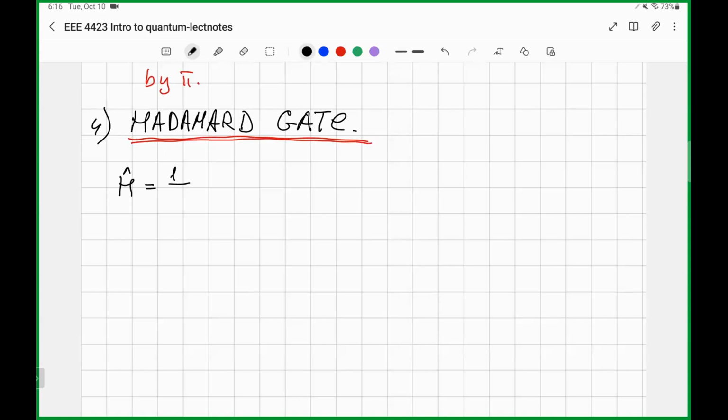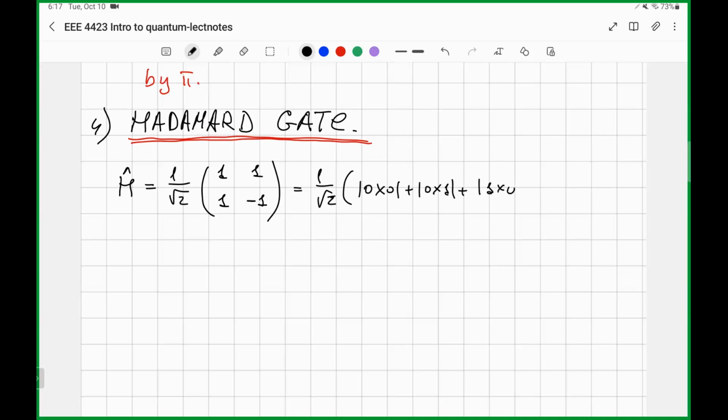And the matrix of this gate is 1 over square root of 2 times the matrix 1, 1, 1, minus 1. And in terms of outer product representation, it is given by 1 over square root of 2 times |0><0| plus |0><1| plus |1><0| minus |1><1|.